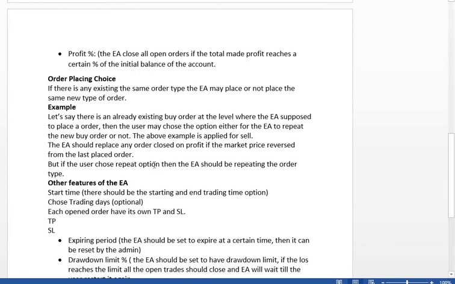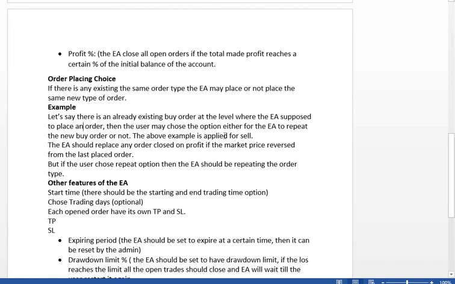Okay, let us look at the example here. The example says, let's say there is an already existing buy order at the level where the EA is supposed to place an order. Then the user may choose the option either for the EA to repeat the new buy order or not.